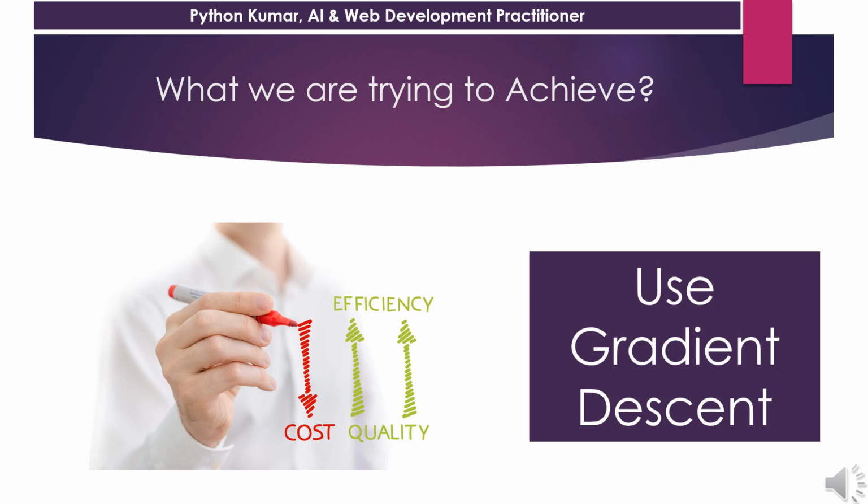I will reduce the cost or reduce the error using an algorithm called gradient descent. We will study gradient descent in the next videos. But for now, let's try to understand that we are trying to reduce the cost, reduce the error that we are making.